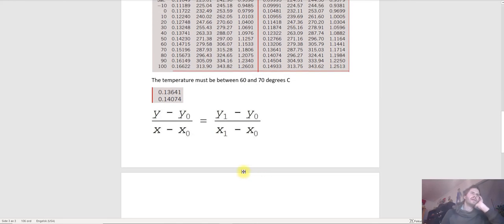So that it means it will be like this. That's the temperature we are going to find. And then 60. The y0, it will be that one, 60.